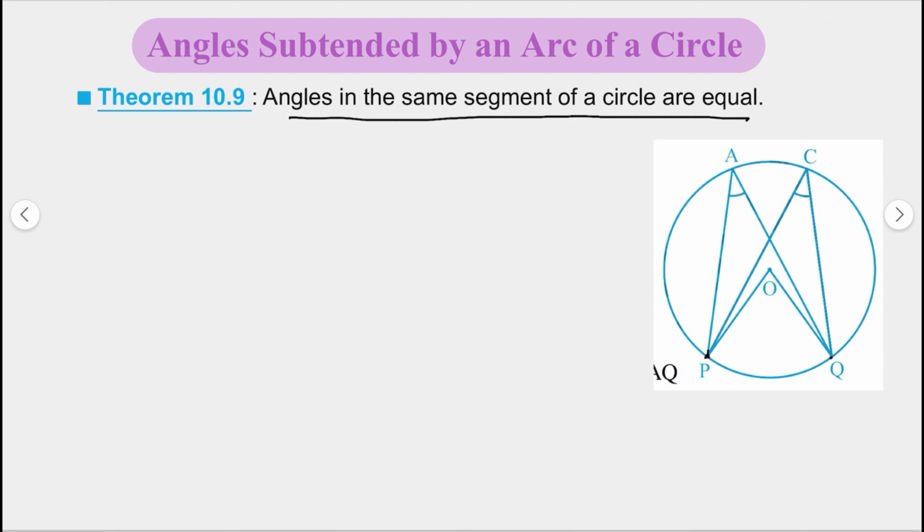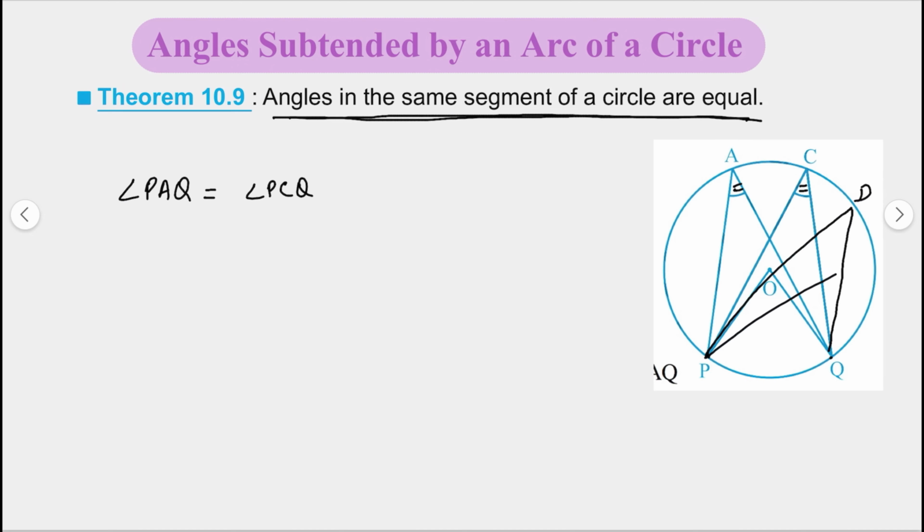Like we have this angle PAQ and PCQ, and these two angles will be equal, because they are the angles in the same segment. That's why this theorem says angles in the same segment of a circle are equal. This implies that angle PAQ will be equal to angle PCQ.